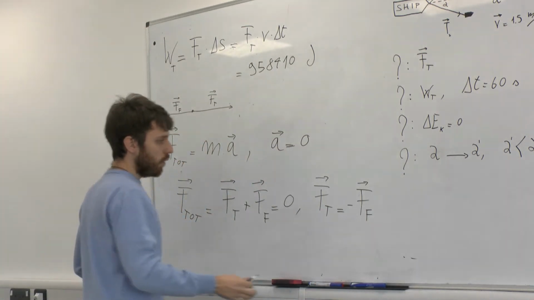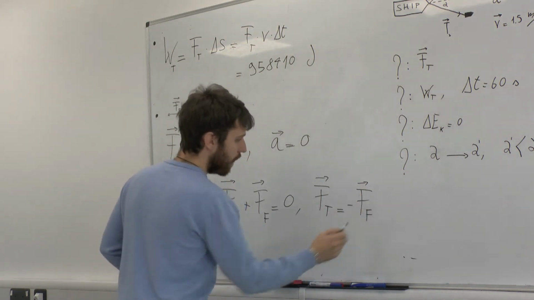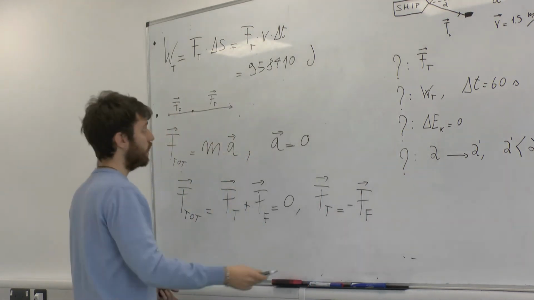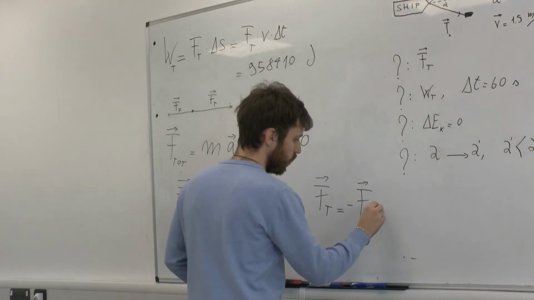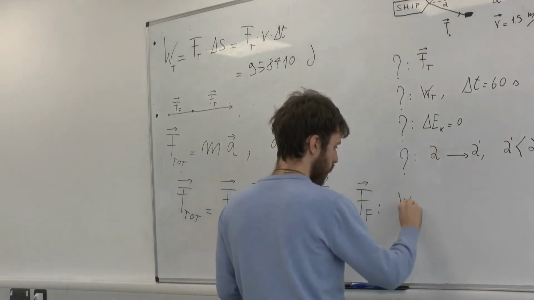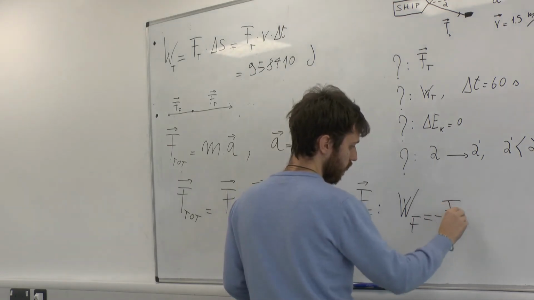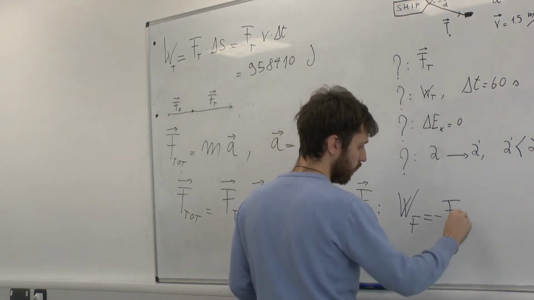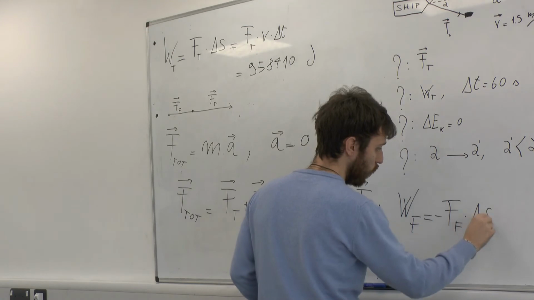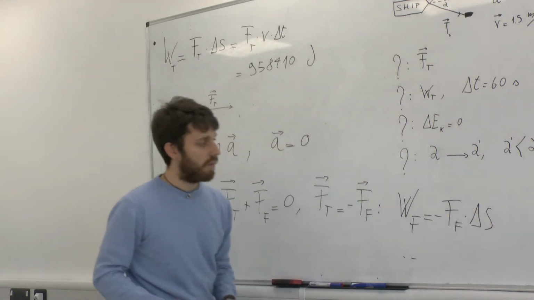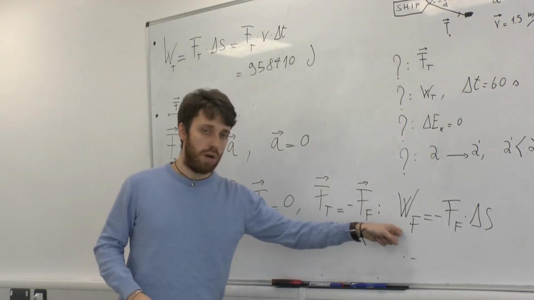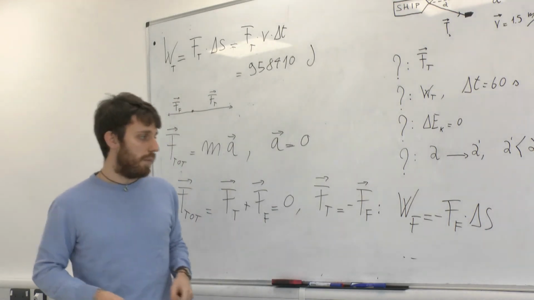And so, if we consider the work done by the frictional force, it is just minus the modulus of the force times the displacement, where this minus sign comes from the fact that the work done by the frictional force is against the movement.